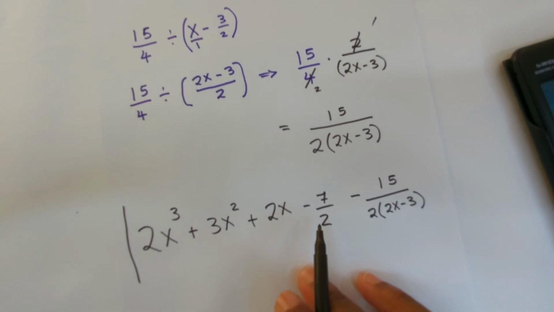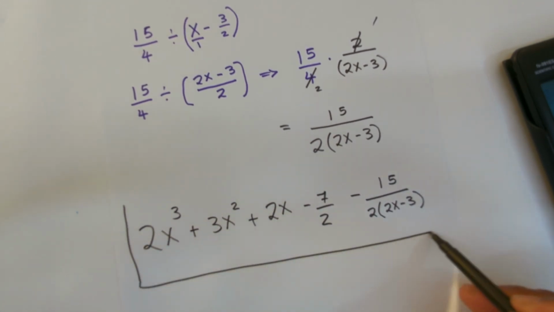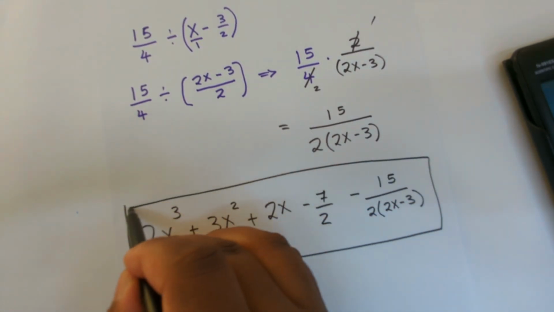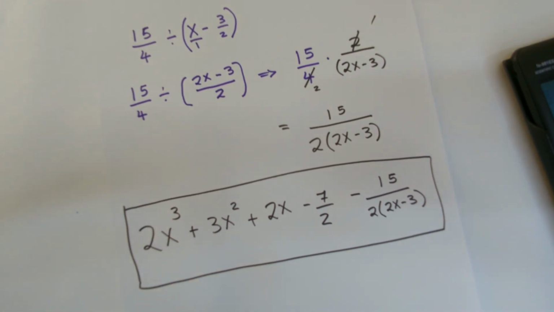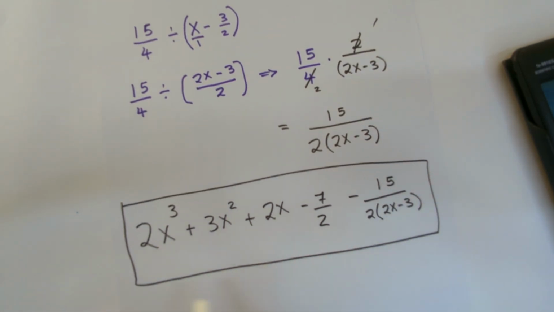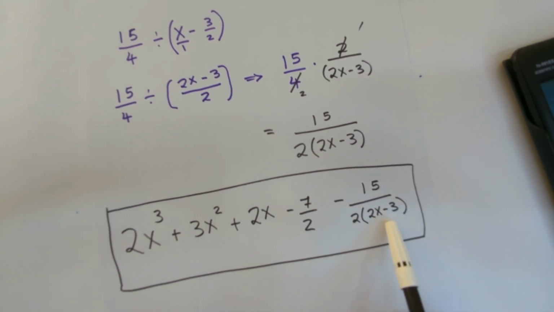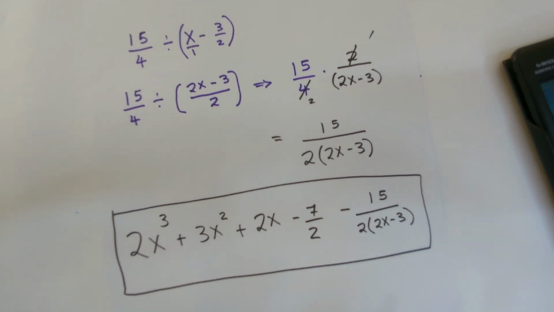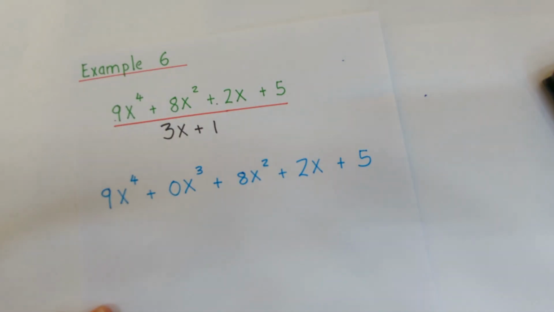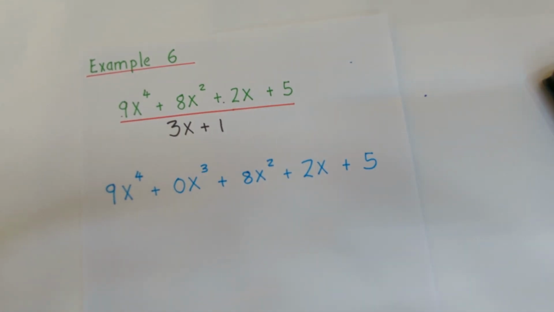So this is our final and simplified answer: 2x to the power 3 plus 3x squared plus 2x minus 7 over 2 with a remainder of negative 15 over 2 multiplied by 2x minus 3. That's it for example number 5. Let's move on to example number 6.